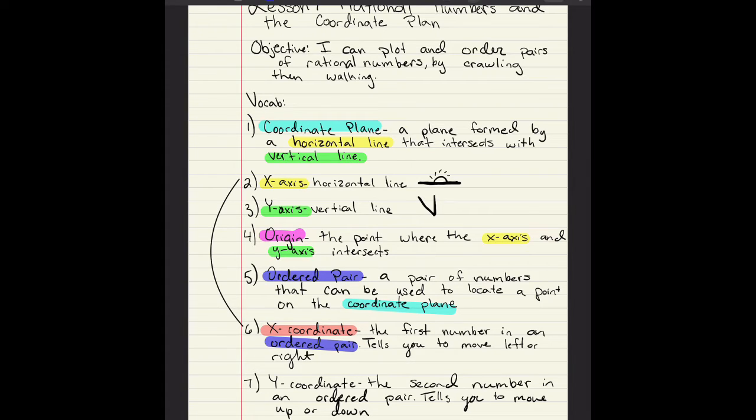Whereas the y coordinate is the second number in an ordered pair that tells you to move up or down. And the y coordinate goes with the y-axis because it's going up and down.